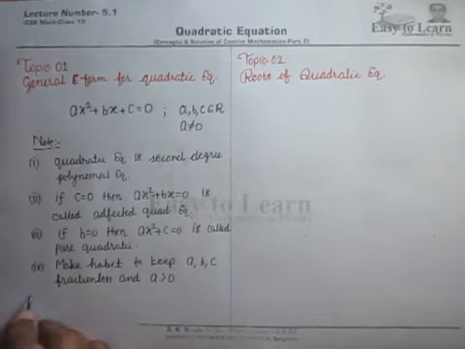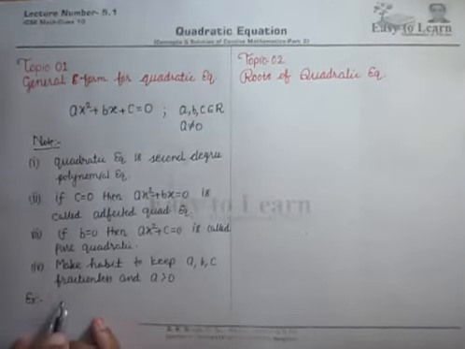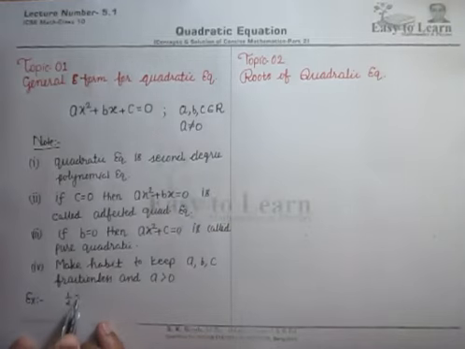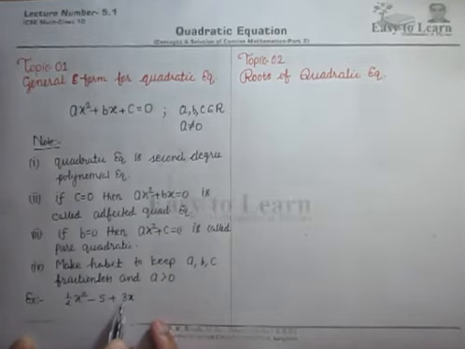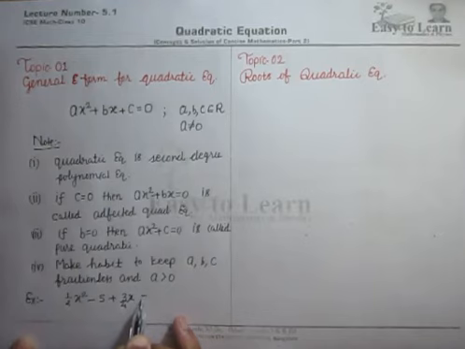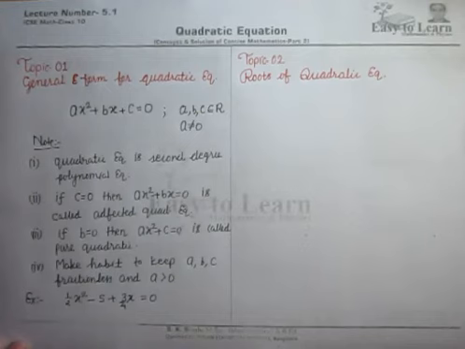Now let me write one example. For example, half x square minus 5 plus 3 by 4 x is equal to 0. Is it a quadratic equation? First of all, remove the fractions.